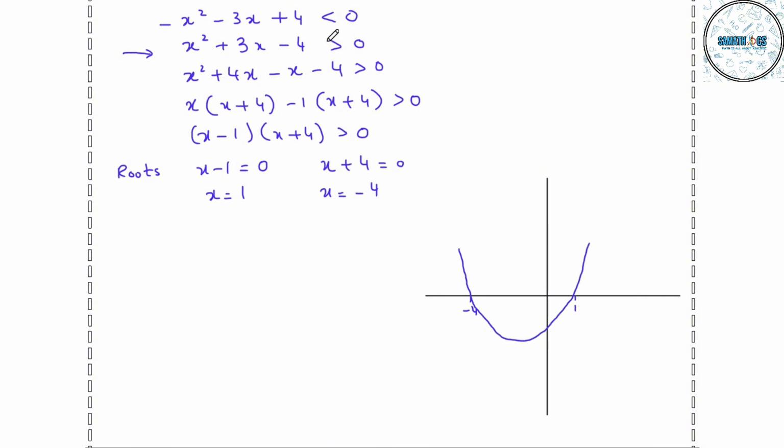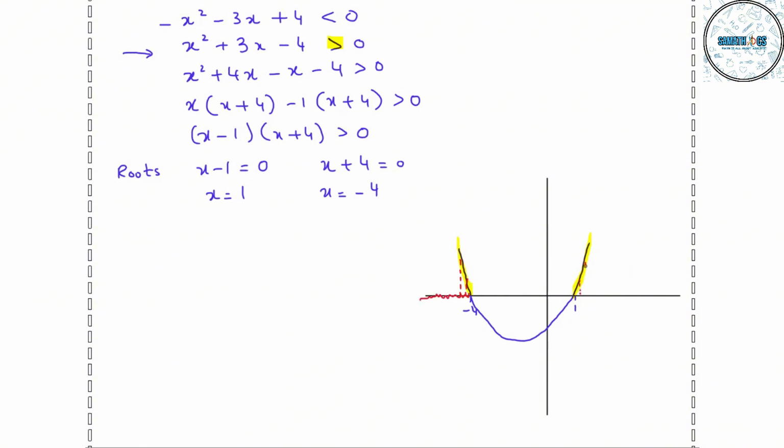As the sign is greater than 0 here, we will consider the part of the curve which is above the x-axis. On this part of the curve, the values of x are less than minus 4.